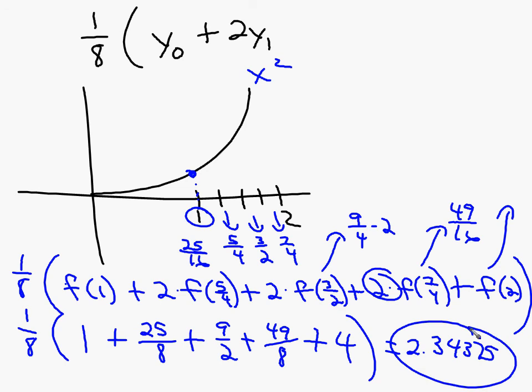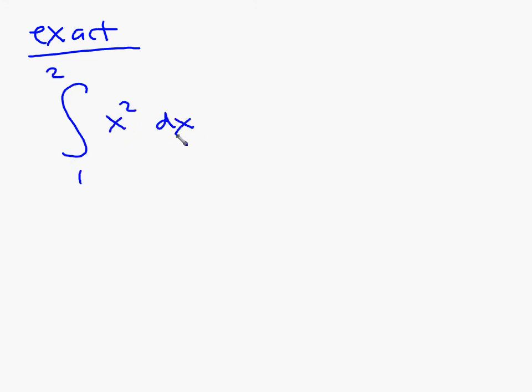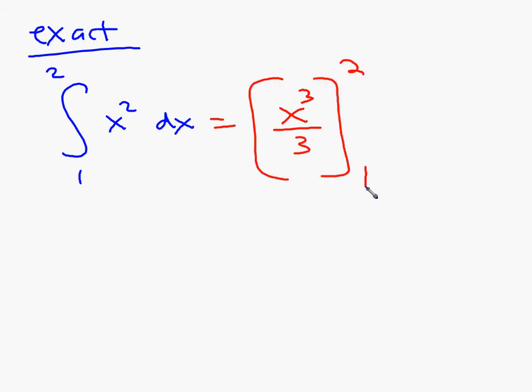Now, I told you that we needed to do this with the exact value. Well, this is with the antiderivative that we just learned. The exact value would be integrating using an antiderivative in the fundamental theorem of calculus that we've just spent several days learning. Isn't this a pretty easy antiderivative? It's going to be x cubed over 3, and we're going to evaluate it from 1 to 2.